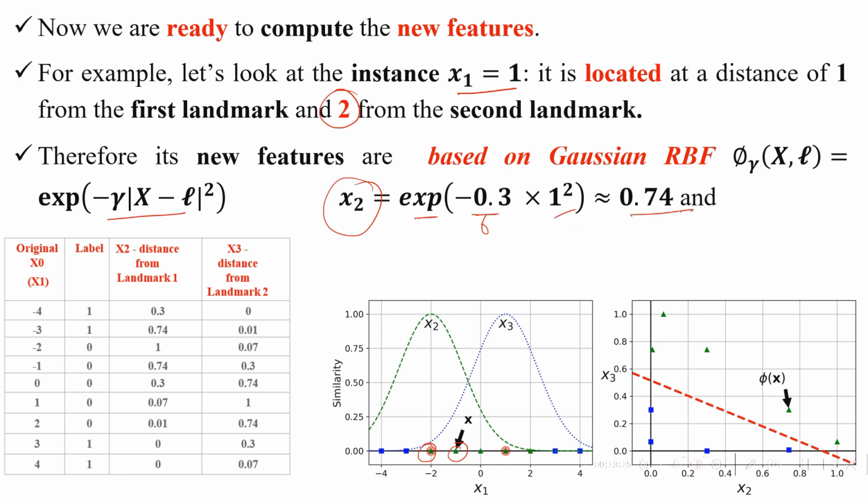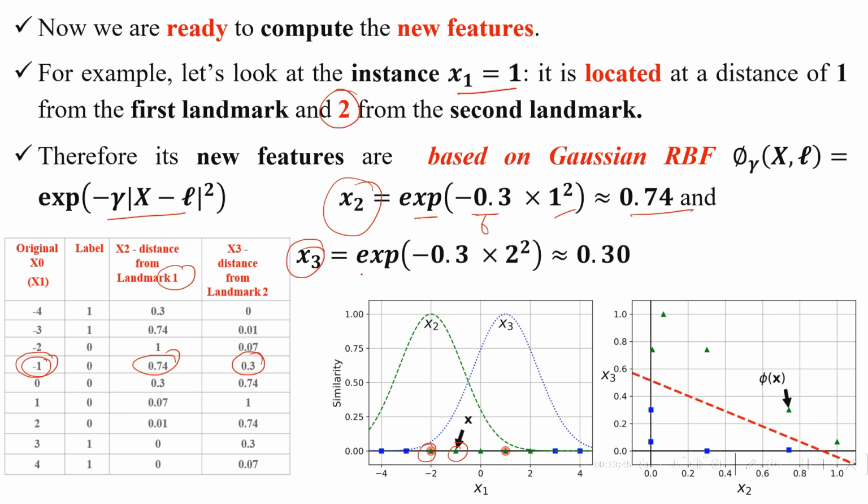If we substitute these values in this equation, we will get 1 square, that is equivalent to 0.74. That means here we are going to compare the landmarks for x2 and x3 with respect to minus 1, that is equal to 0.74, and for the first landmark and the second landmark we are getting the value 0.3. If we substitute these values, we are getting the second feature as exponential of minus 0.3 into 2 square, that is equivalent to 0.30.